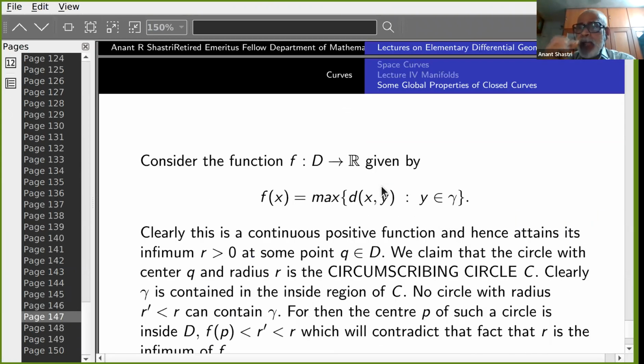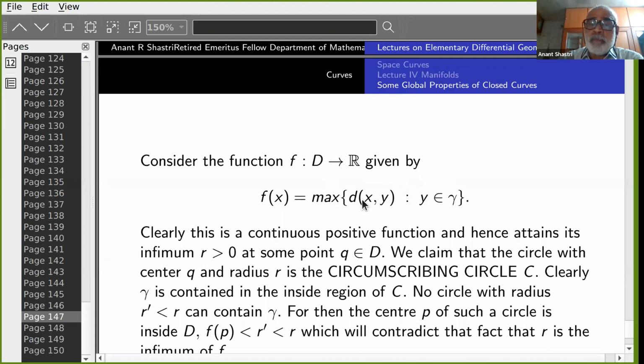Now define the function f from D to R as follows. f(x) is the maximum of the distances between x and y, for y inside gamma. Start taking x to y1, y2, y3, etc. inside gamma. Take the supremum, because there is an infinite set.